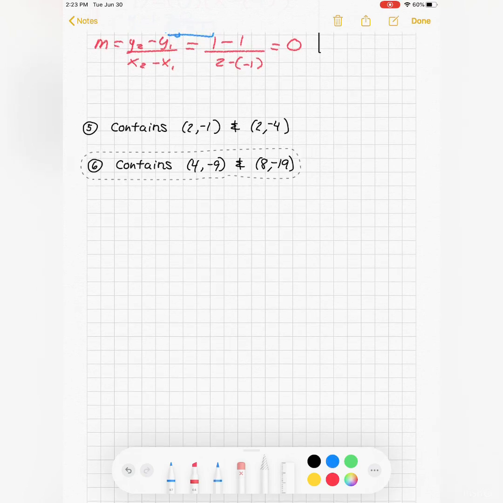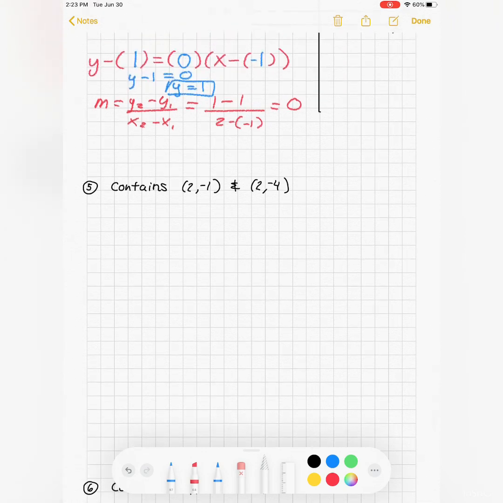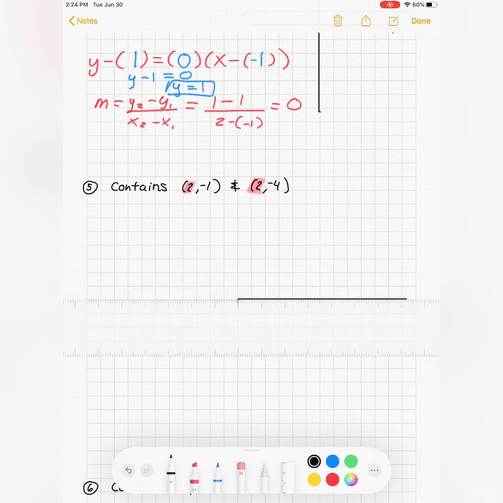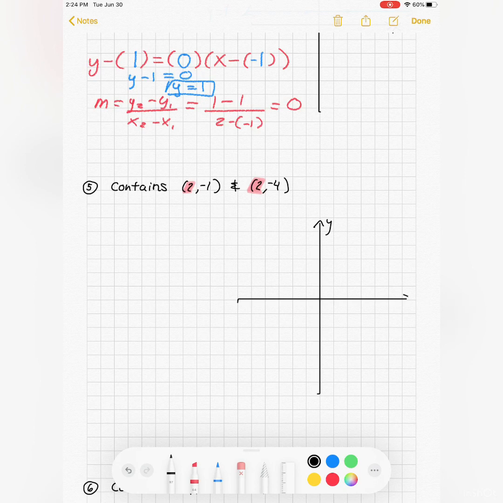I don't know why I have this one. Let's see. Oh well. This one's another special one. I could tell you immediately because you see how I noticed these two coordinates are the same? The x coordinates. Okay, so let's see. 2, -1. And 2, -4.